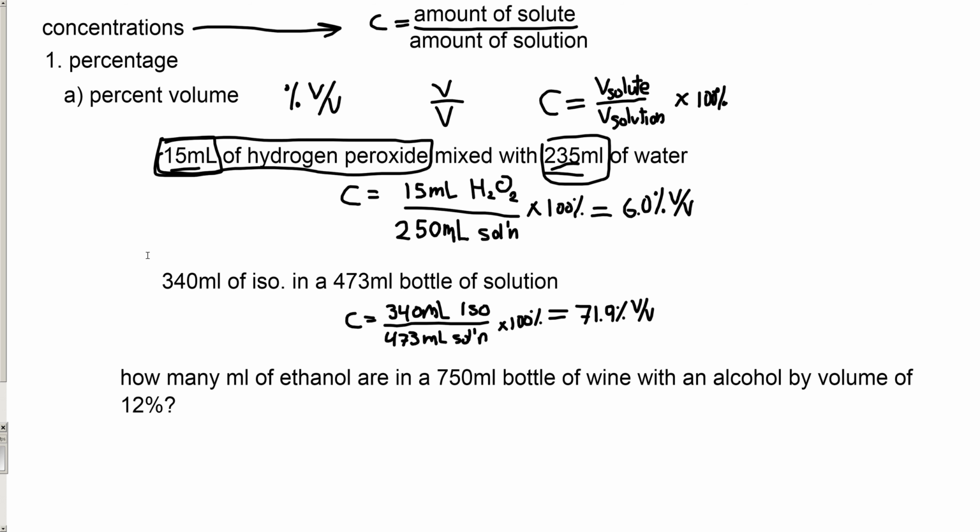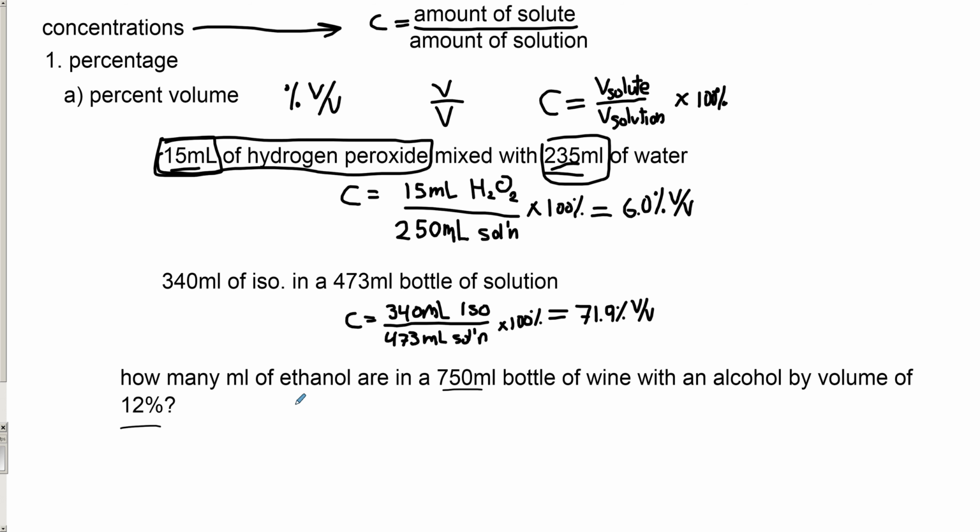But anyways, so how do we find out how much pure ethanol is in this bottle of wine? Well, whenever we do a question like this, I'm going to write out the original formula, and then we're going to do a little bit of math because we need to isolate a specific variable inside the formula.